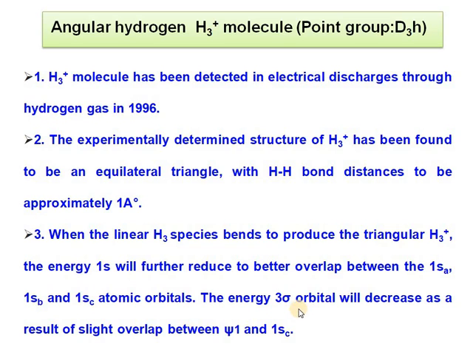So the energy of the 3σ orbitals will decrease as a result of slight overlap between these and the 1s orbitals of the third hydrogen, right? And therefore it bends to get the triangular molecule.